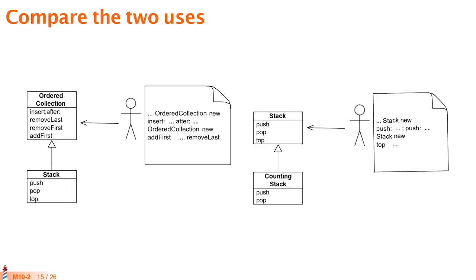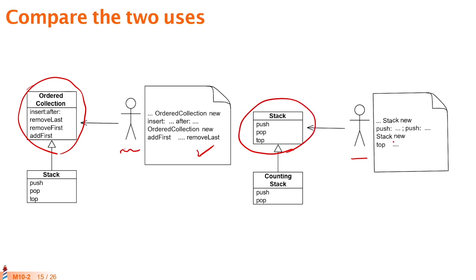Let's compare with the previous case. Here we have a user of our code whose program is basically using an ordered collection, and this program works perfectly. On the other side, we have another piece of client code that is using the stack and the operations defined in a stack, and this program also works correctly.